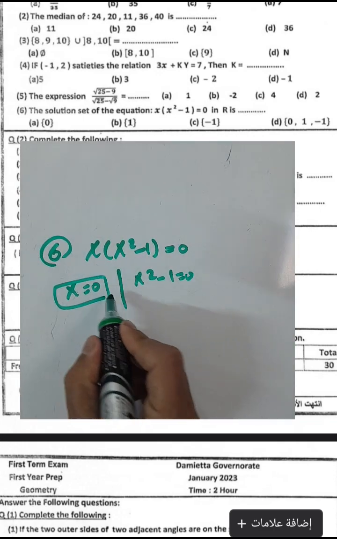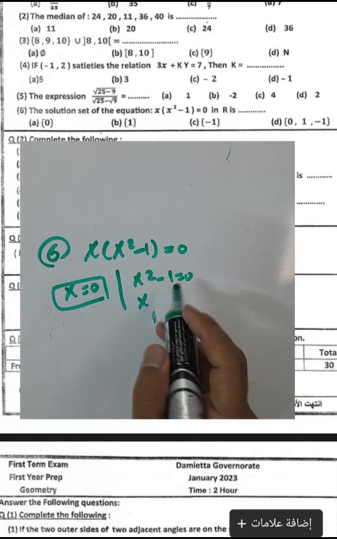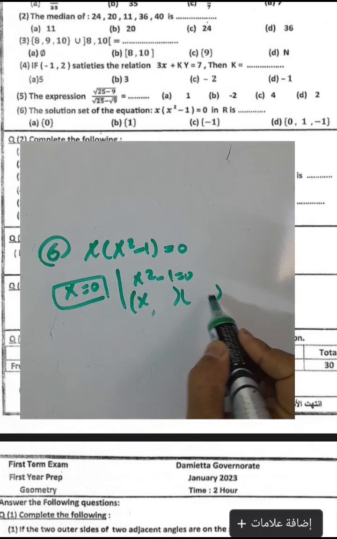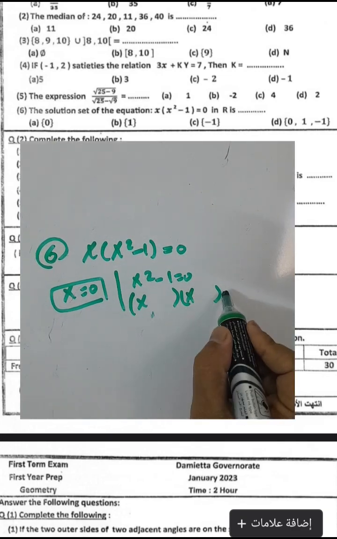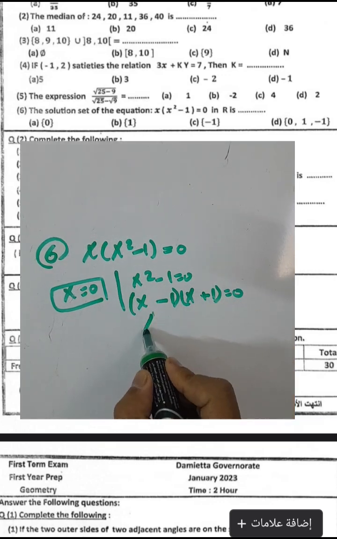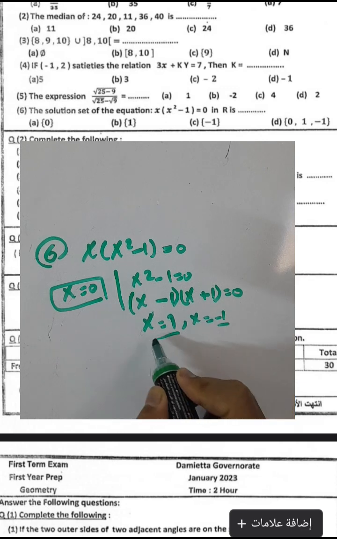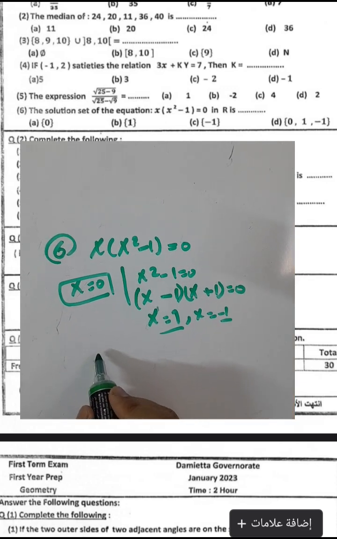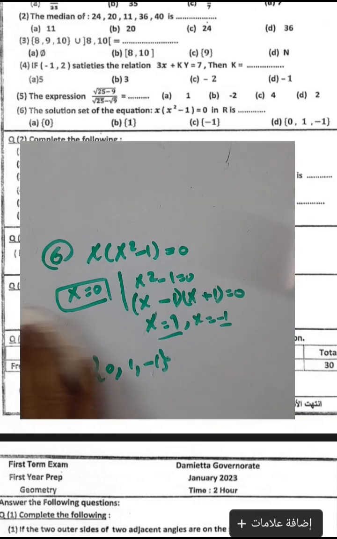The first solution and second solution here, x power 2 minus 1 equals 0, we must factorize this expression. We will write x by x power 2 and 1 by 1 equal 1, and write negative and positive. Then here if x equals 1 or x equals -1, then the solution set here is 0, 1 and -1. This is the solution of question number 6.